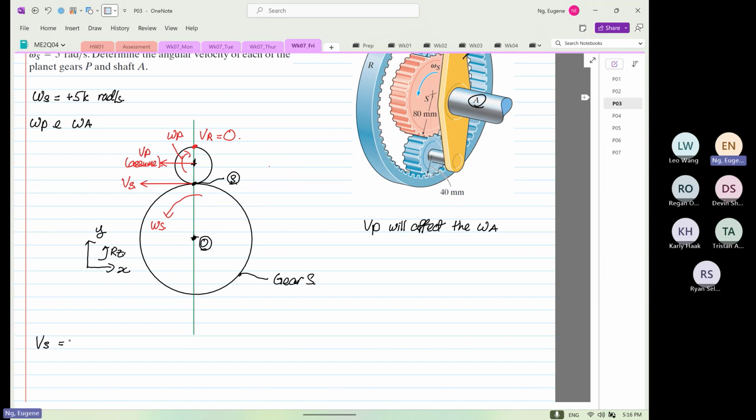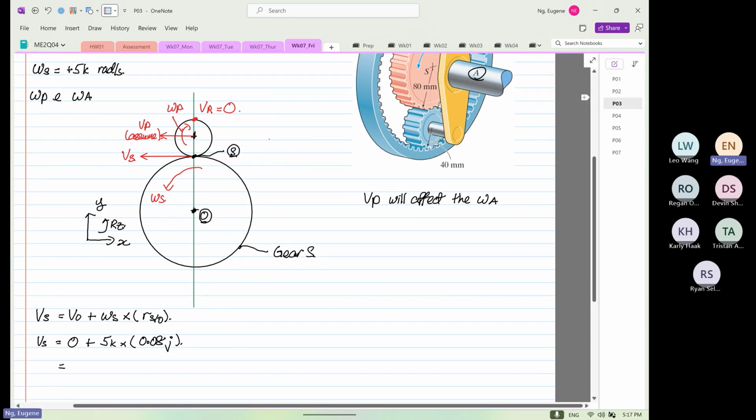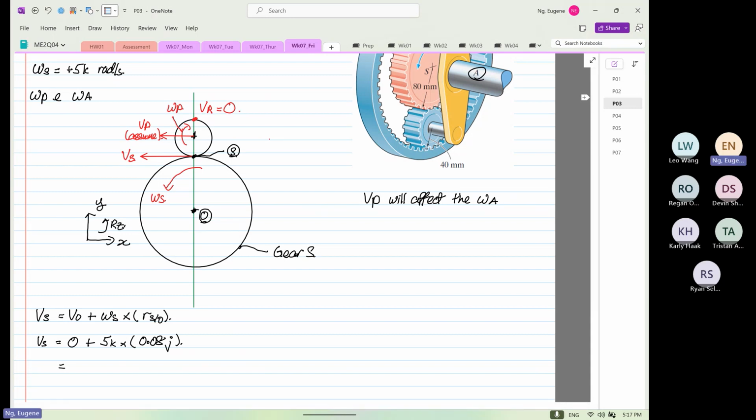So from here, Vs is equal to V naught plus omega S cross R S from point O. So Vs is equal to 0 plus omega S, which is going anti-clockwise, 5K, cross R S from point O. So this is 0.08 J. So we know K cross J is negative, so negative 5 multiplied by 0.08, which is 0.4.